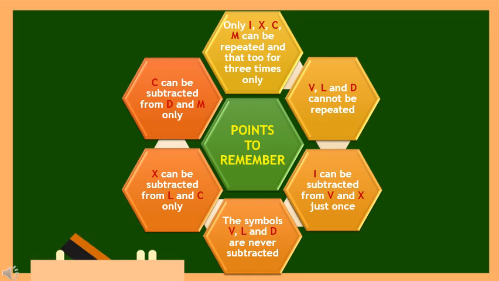Symbol I can be subtracted only from V and X, just for 1. The symbols V, L and D are never subtracted. Symbol X can be subtracted only from L and C, and symbol C can be subtracted only from D and M.